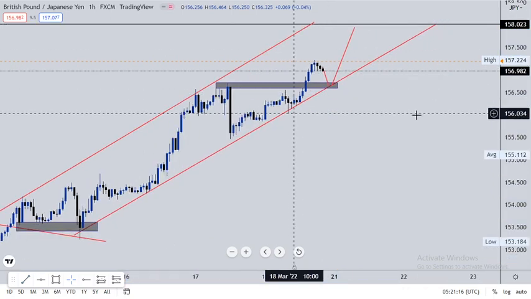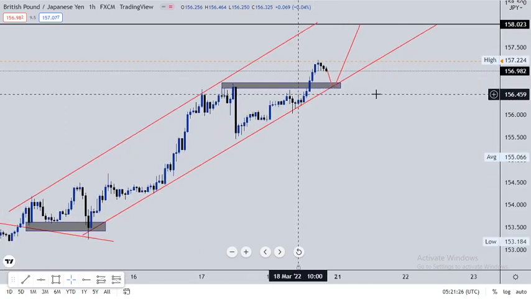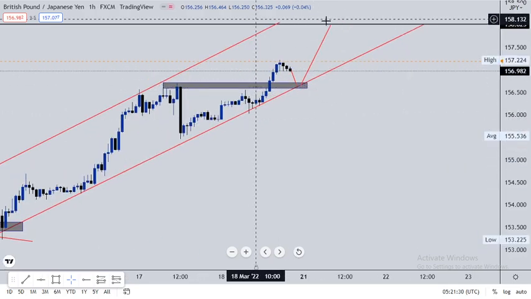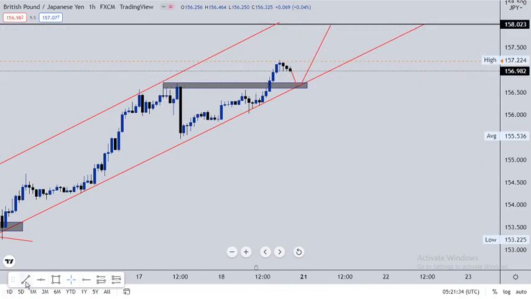So guys, this is the update I want to give you. I will still talk more on my next video. This week I will be looking for the market to retest this zone, then come back.